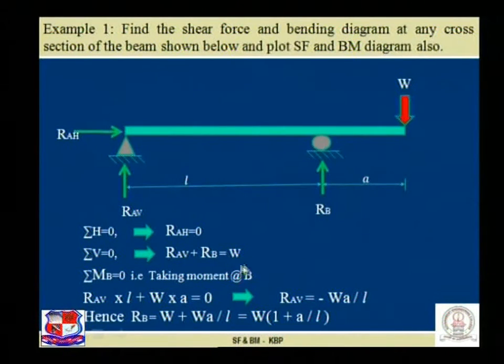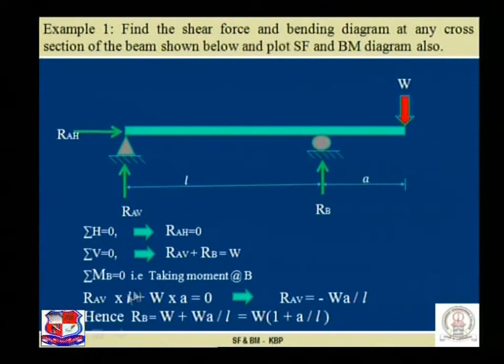In this equation there are two unknowns, RAV and RB. It is not possible for me or you to find these two unknowns with a single equation. We need certain extra equations, certain extra conditions to find these two unknowns.